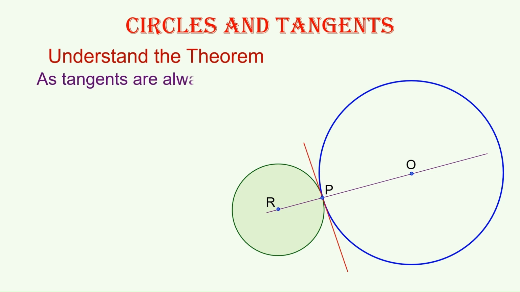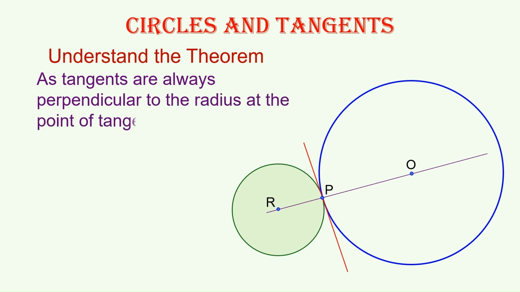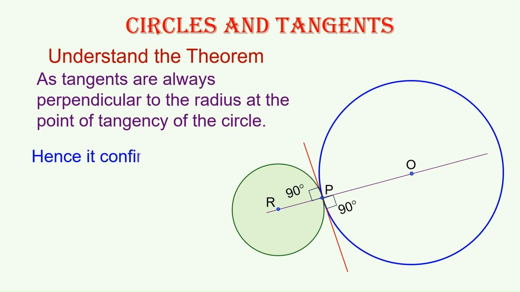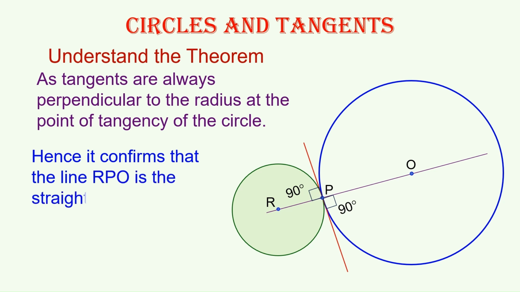As tangents are always perpendicular to the radius at the point of tangency of the circle, it confirms that the line RPO is a straight line.